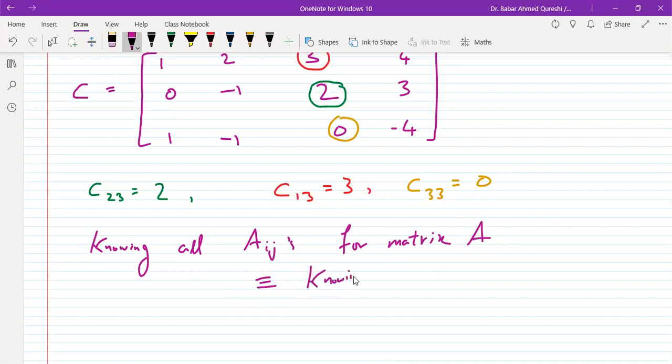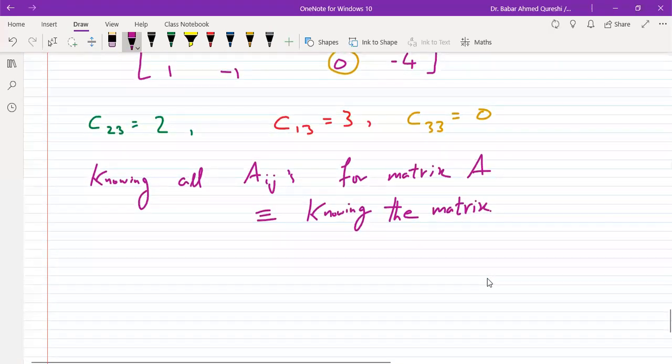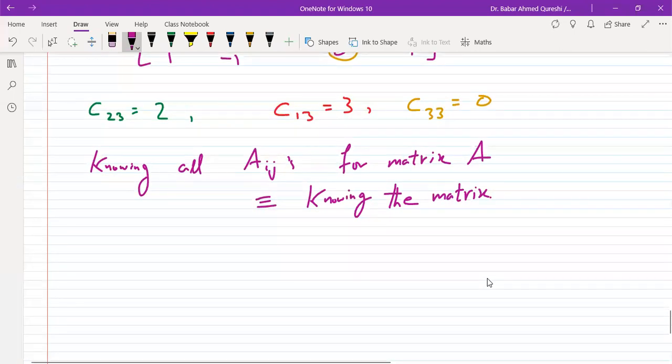That's what the matrix is. It's entries. So if you have all the list of aij's, you know the matrix. So a matrix is completely characterized by these entries. So this fact we can use to great advantage.